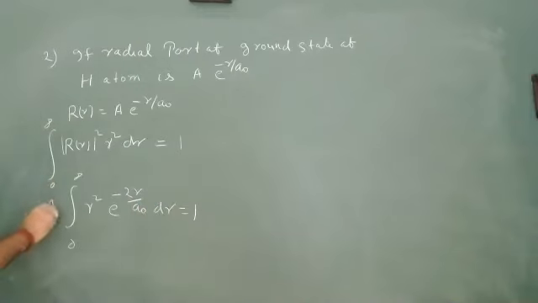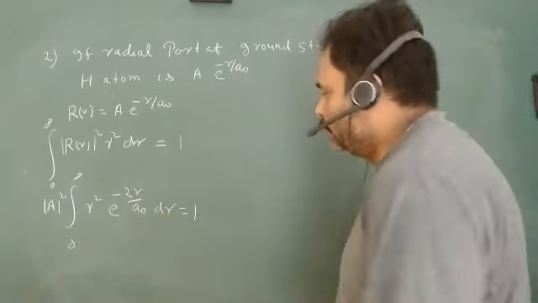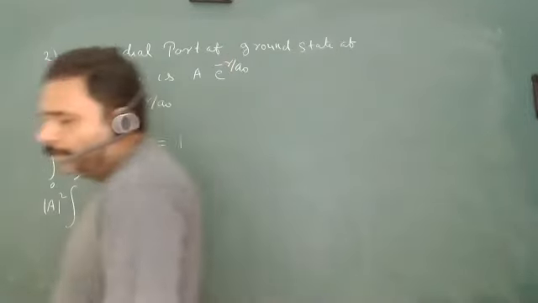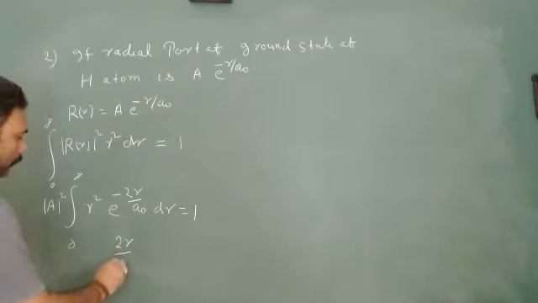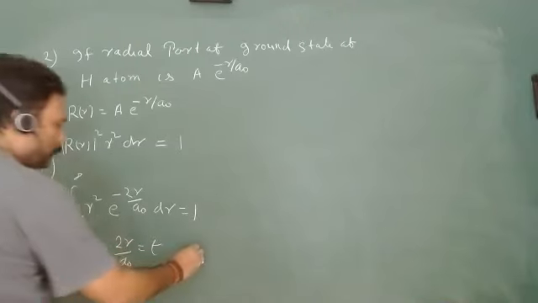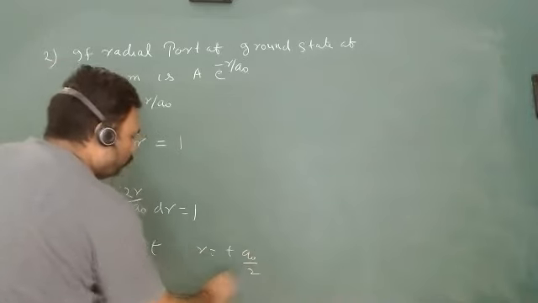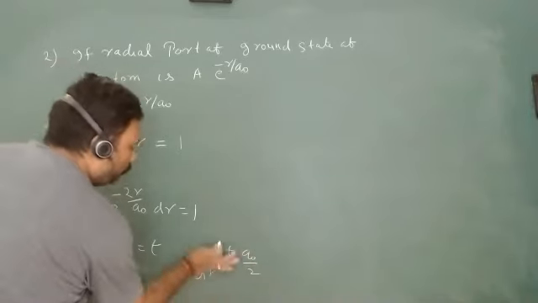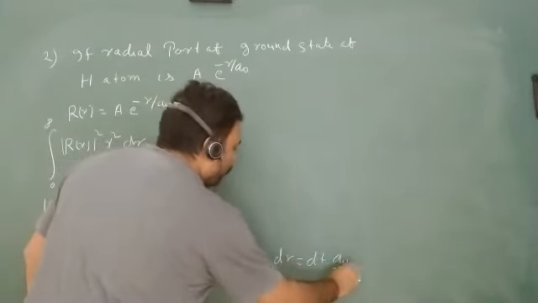I am doing one integration now, and next time you will just directly write the value of the integration. You will just put 2r upon a naught as t. So r is equal to t a naught by 2 and dr is equal to dt a naught by 2.